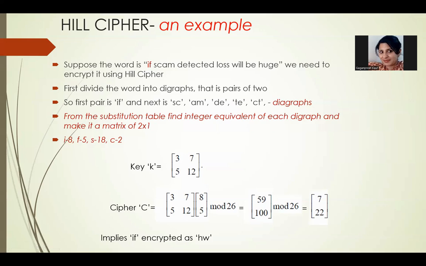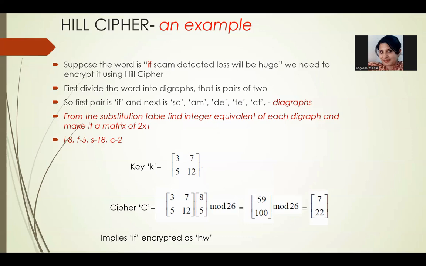Because 26 2s are 52. So when 52 is subtracted from 59, I'll get this value. And for 3, if I multiply 26 by 3, I get the value 78. So when 78 is subtracted on division, it will give me the remainder as 22. Now this is my integer equivalent of the encrypted values.